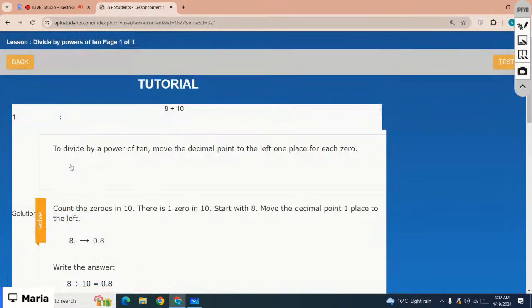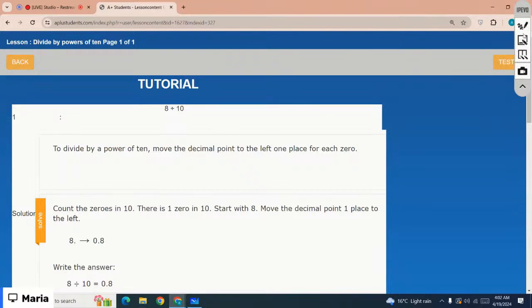8 divided by 10. To divide by a power of 10, move the decimal point to the left one place for each zero. When you divide by the power of tens, for each zero you have to move the decimal point one place left, right?